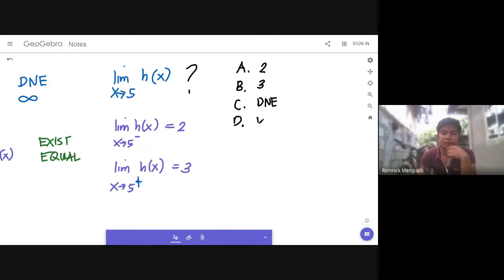D, no limit. Okay, let me give you 10 seconds to please comment your answer. Which among the following is the answer when you are solving for the limit? Okay, given na yan. Kunwari, you are taking a quiz, tapos given ang ganyan. Sa tingin ninyo, anong sagot kay limit of h of x as x approaches 5? 10 seconds.